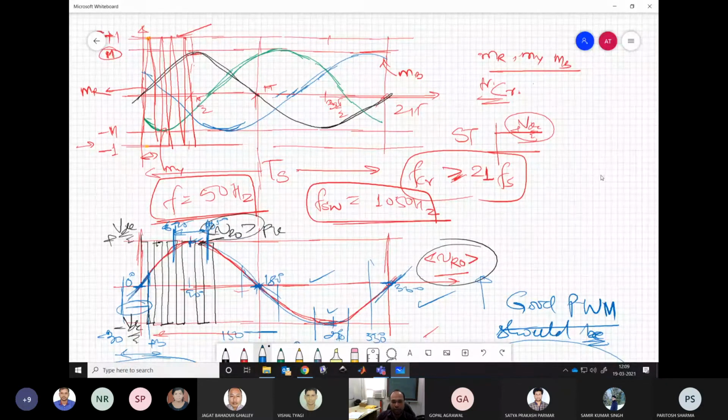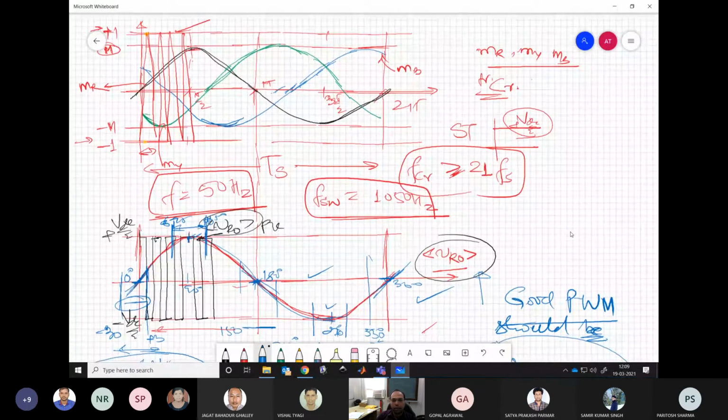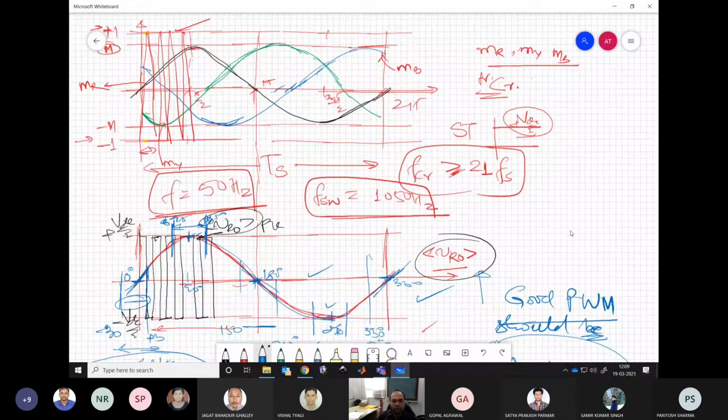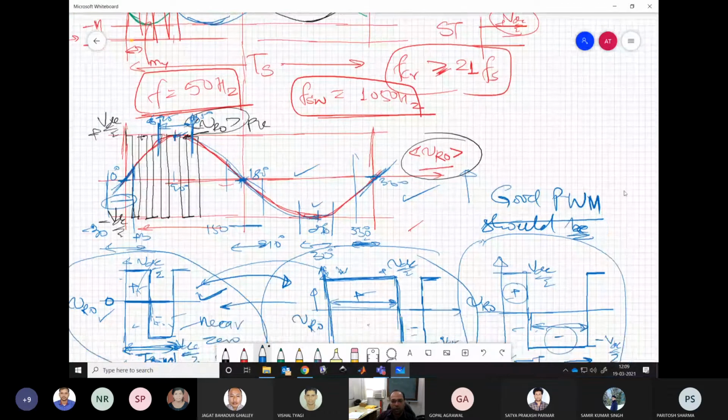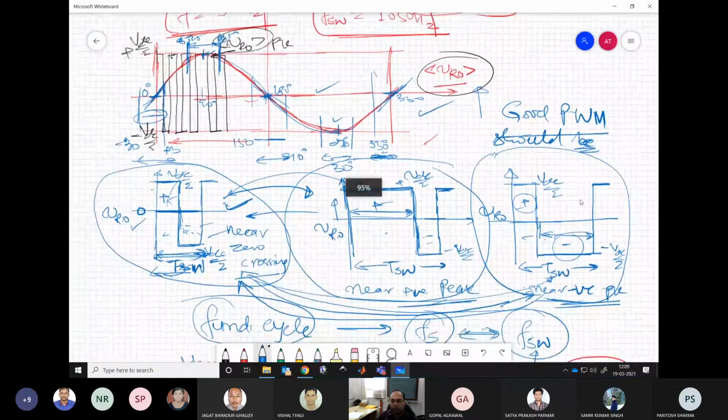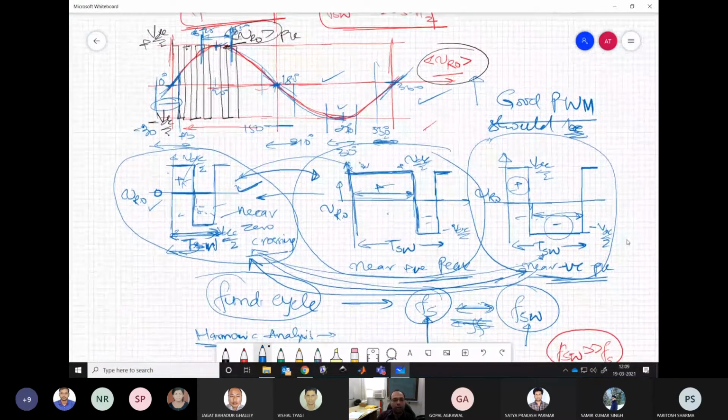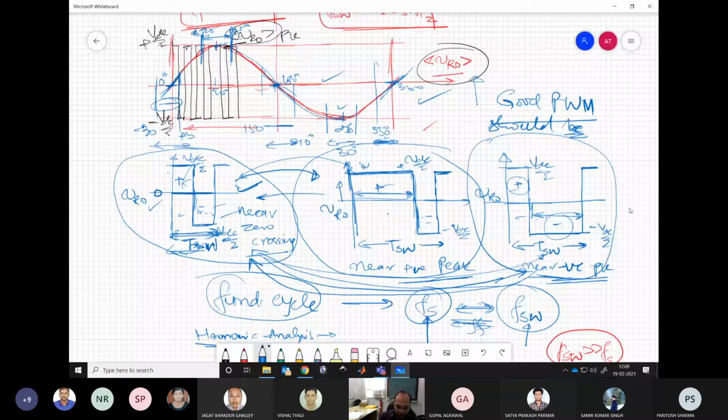Then we have seen some more properties of this PWM, which we call sine triangle PWM. There are three sinusoidal modulating signals for the three-phase system, all in a balanced three-phase manner, and we have the switching frequency. So we are trying to understand what a good PWM is. How do you judge, by looking at the pole voltage waveform, that what you have generated is a good PWM waveform?